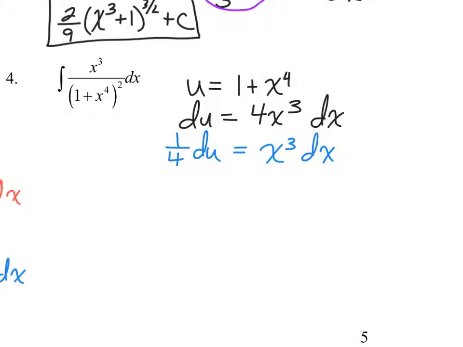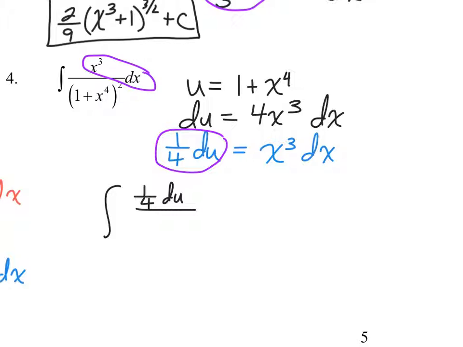All right, so that's telling me that this is going away and it's getting replaced with that. So if I wrote it all ugly, it would be 1/4 du over u squared. But then if I clean it up, I'm looking at the integral of 1/4 u to the negative 2nd du.